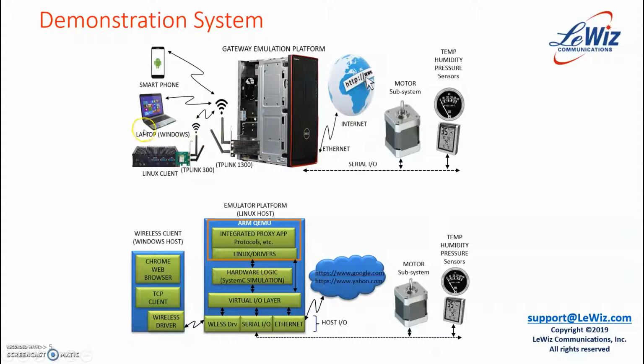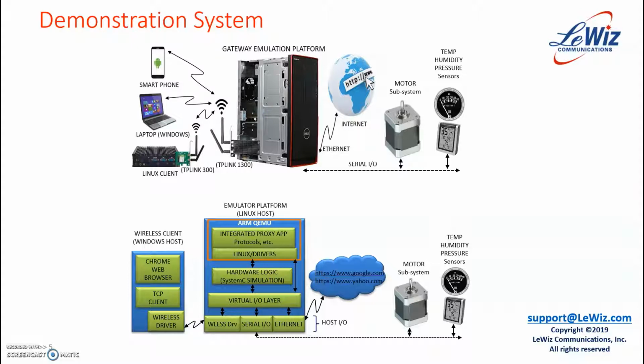For the demo, we will use a laptop on this side. For the connection back to the internet, we allow it to connect out to the Ethernet. In the future, we'll add more I/O, such as for motor controls and sensors.